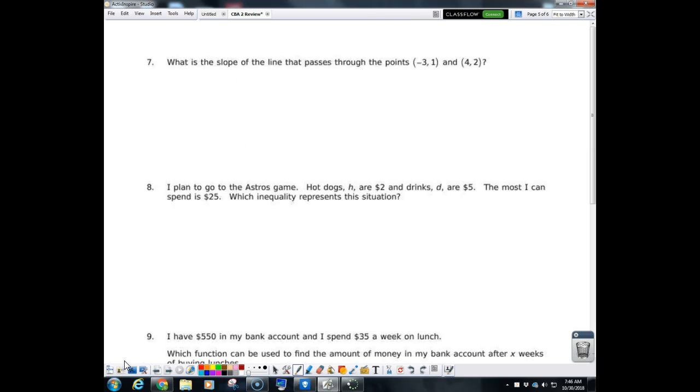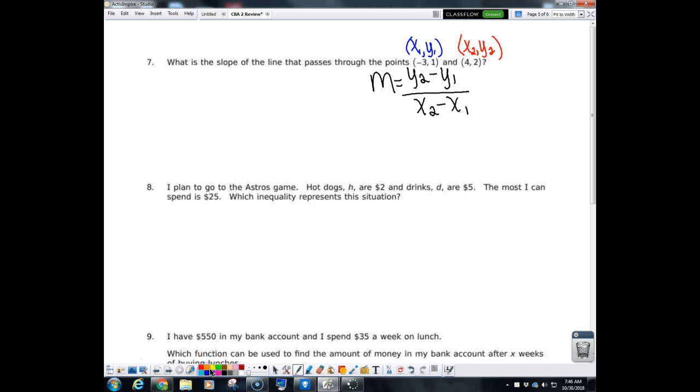Okay, number 7. What is the slope of the line that passes through the points (-3, 1) and (4, 2)? If you're doing this by hand, remember you have to label your points x1, y1, and x2, y2, and then plug into the formula m equals y2 minus y1 divided by x2 minus x1.